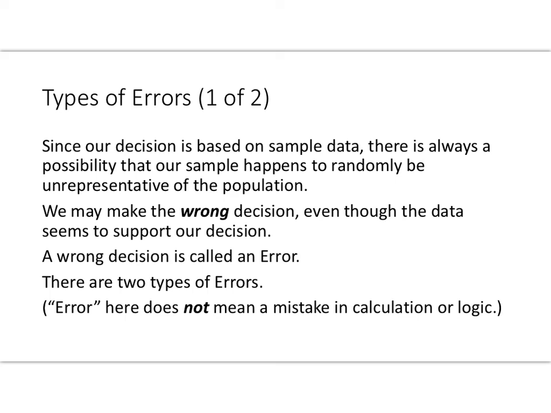Just as a reminder, error here does not mean we made a mistake in the calculation or logic. It just means that something happened and it may not be representative of the population. We also may not know that an error is happening, so keep that in mind as you are asked questions about errors.